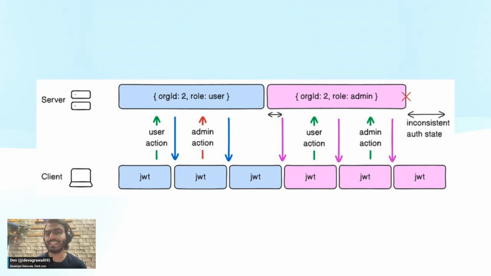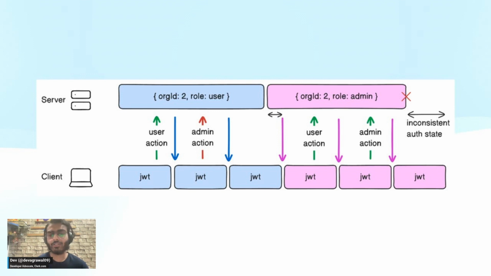As you can see in the example here, there's going to be a period of time between when the state on the server changes and when that change is actually reflected on the client, because of the mismatch between when the server state change can happen, which can be at any time, and when the client decides to update and get a new token based on that.